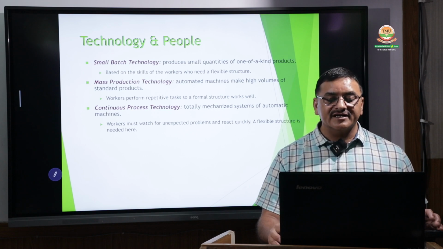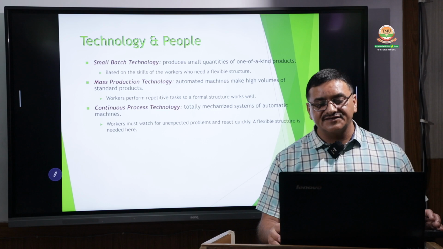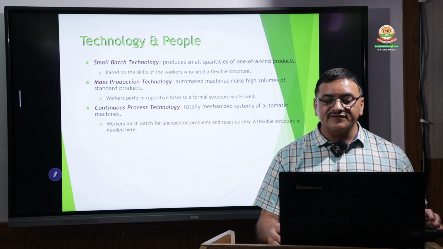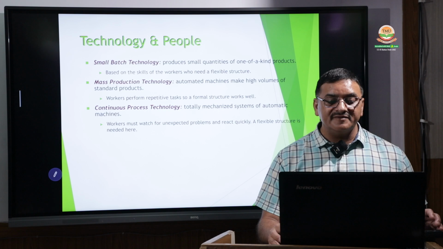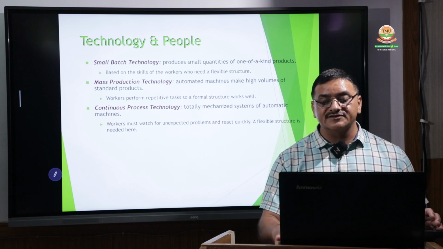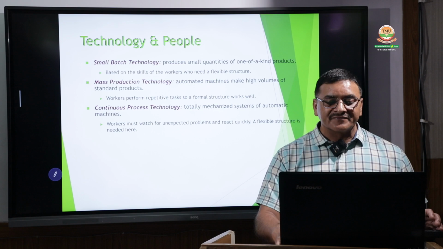And there is a greater decentralization of the decision making process. The result is the progressive removal of many intermediate levels of management and the evolution towards a flatter structure.